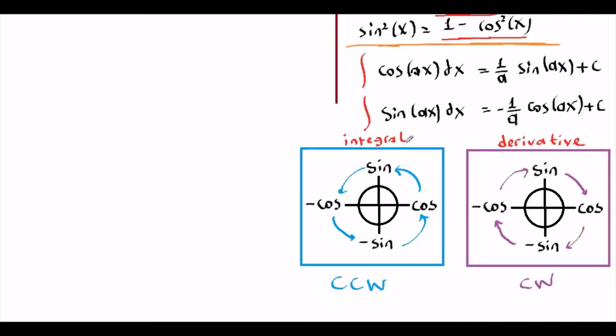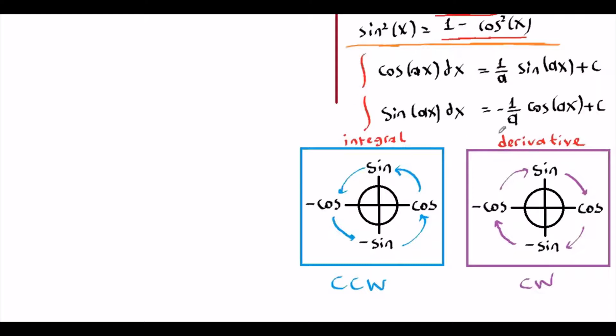We also need to know how to integrate cosine and sine in a practical way. If you have cosine ax dx, then the integral will be 1 over a times sine ax plus c. If you have sine ax dx, then the integral will be negative 1 over a times cosine ax plus c.